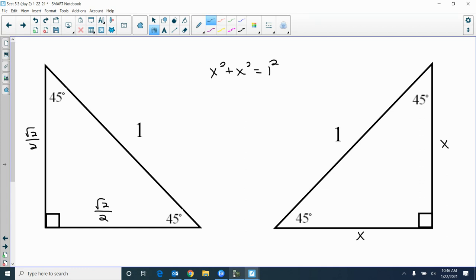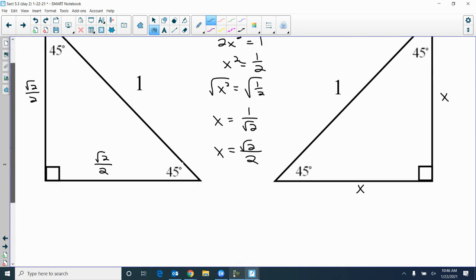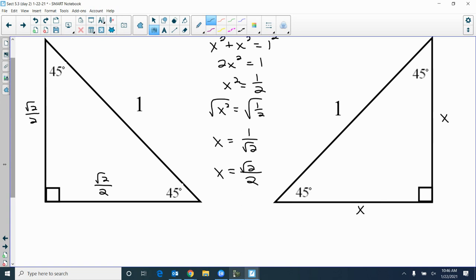Well, x squared plus x squared is 2x squared. 1 squared is 1. Divide by 2, and I get x squared equals 1/2. Take your square root. The square root of 1/2 is 1 over radical 2, but when I rationalize the denominator, you get square root of 2 over 2. So for a 45, 45, 90, if the hypotenuse is 1, then your legs are radical 2 over 2. Make sense?